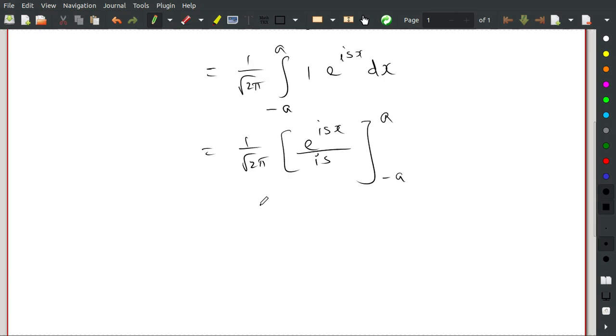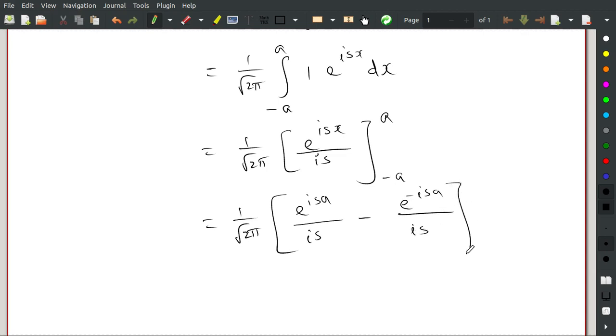Upon substitution of the limit, we have 1 by root 2 pi: the upper limit gives e power i s a by is, minus e power minus i s a divided by is. So this is the upper limit minus the lower limit.